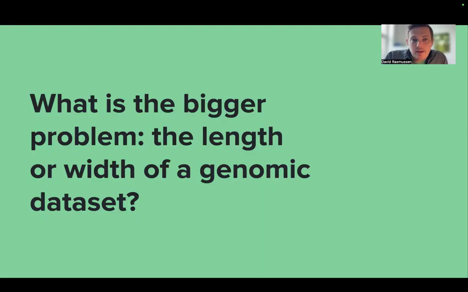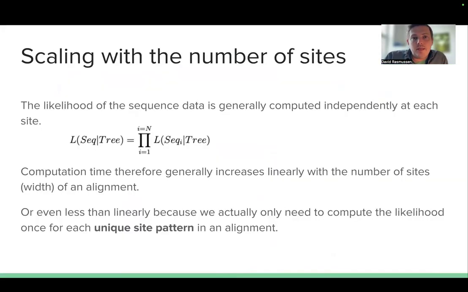Right. Well, I'm going to argue that it's primarily an issue with the number of samples in our data sets that makes exploring tree space using MCMC sort of difficult. Because actually, the computational performance of a lot of our phylogenetic methods scales pretty well with the number of sites in our sequences.